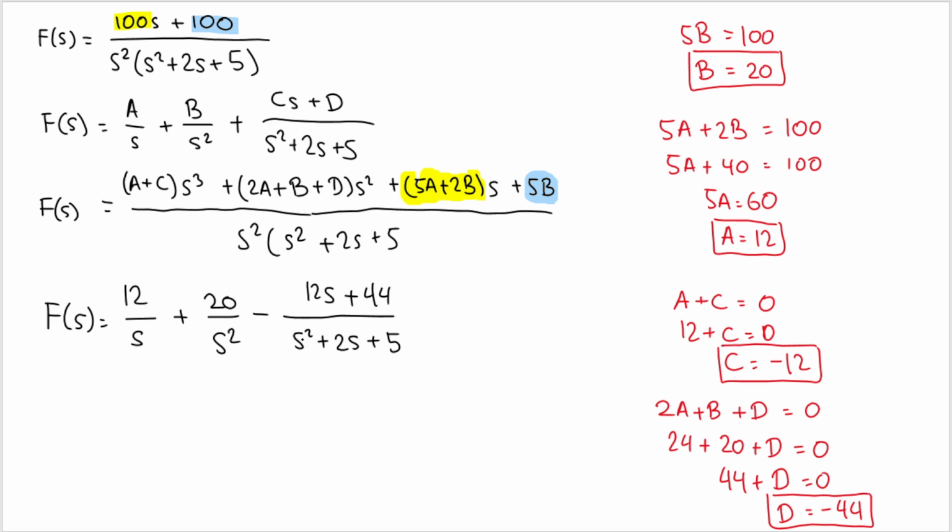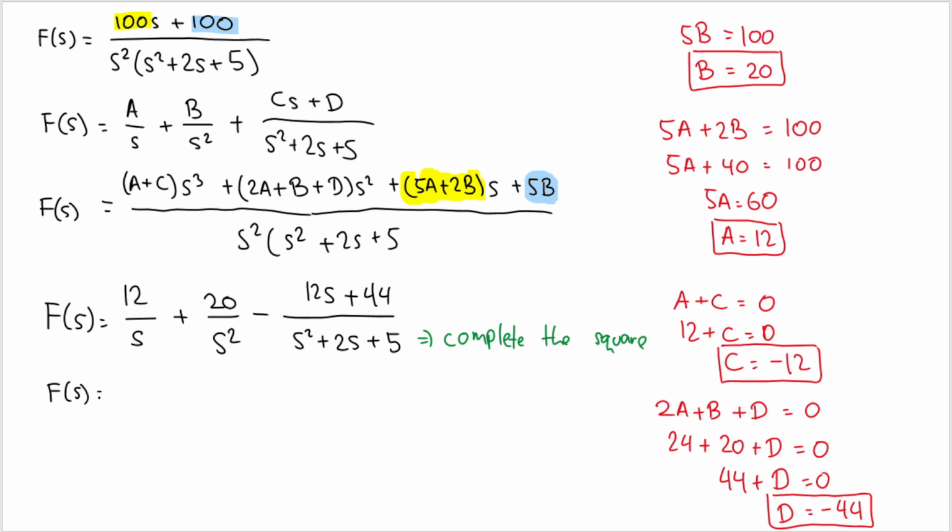Okay, the problem is this quadratic equation. This cannot be factorized, so we need to complete the square. Okay, now what can we do from here? We will have Fs.